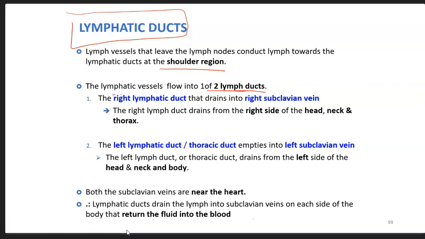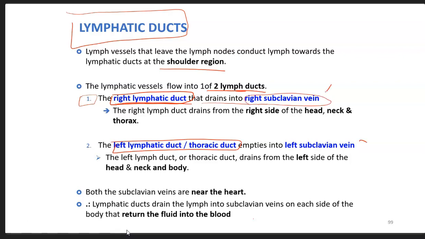So tadi kita ada right lymphatic duct and kita ada left or thoracic duct. So samalah, you can use either left thoracic duct or left lymphatic duct or thoracic duct, sama je. Okay, untuk yang first, from the right lymphatic duct, the lymph is drained into the right subclavian vein.